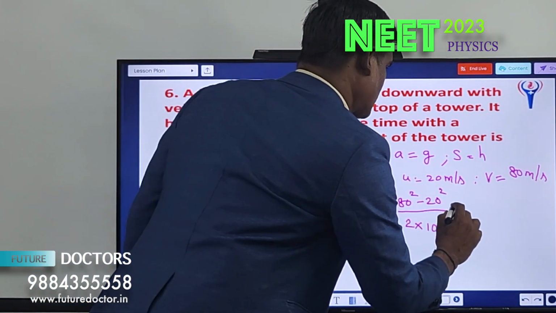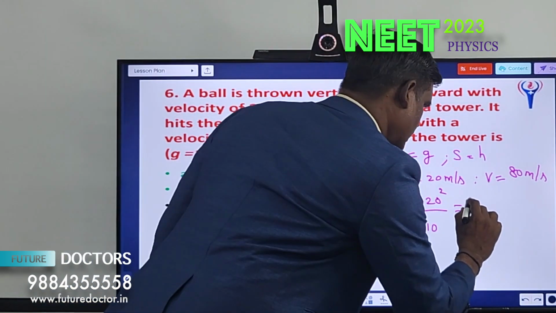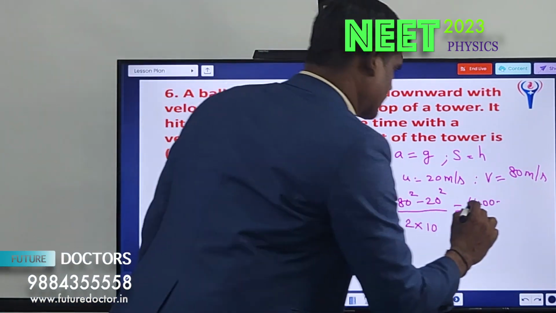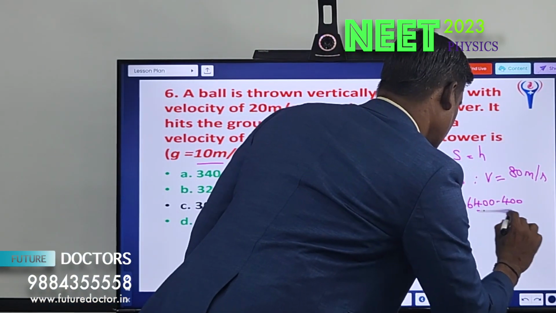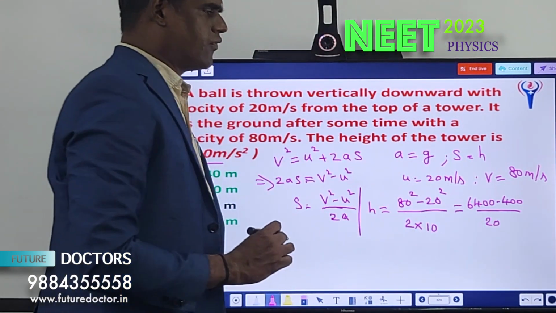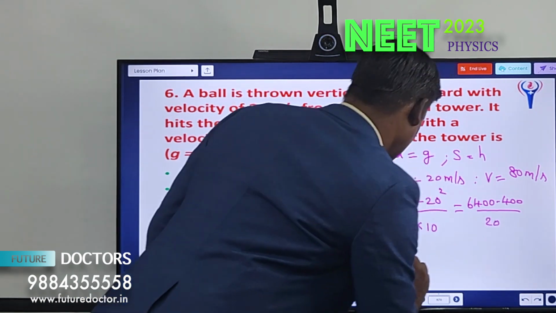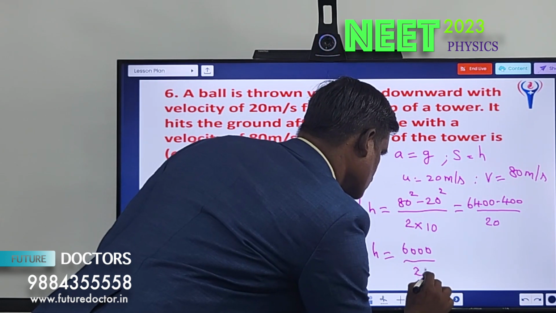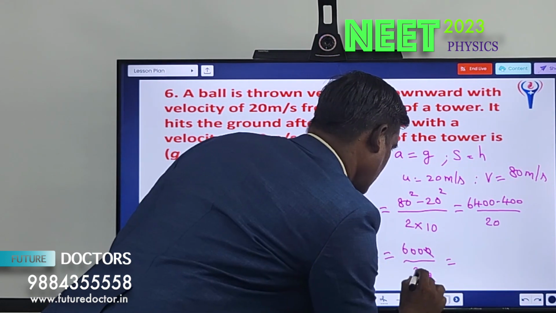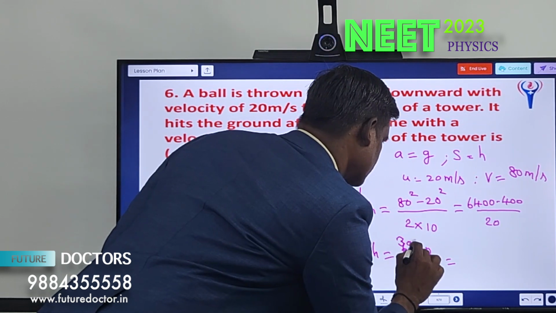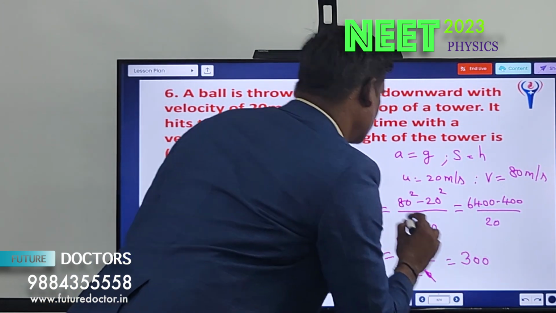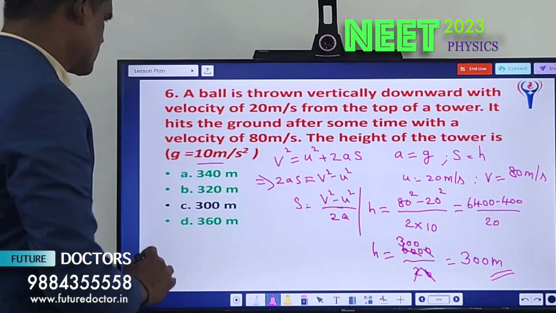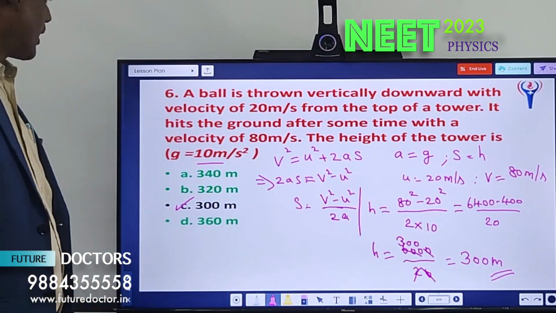So H equals (80 square minus 20 square) divided by 2 into 10. 80 square is 6400, minus 20 square, 400, divided by 20. 6400 minus 400 is 6000, so H equals 6000 divided by 20, which is 300. All values are substituted in SI units, so 300 meters. Option C is the correct answer.